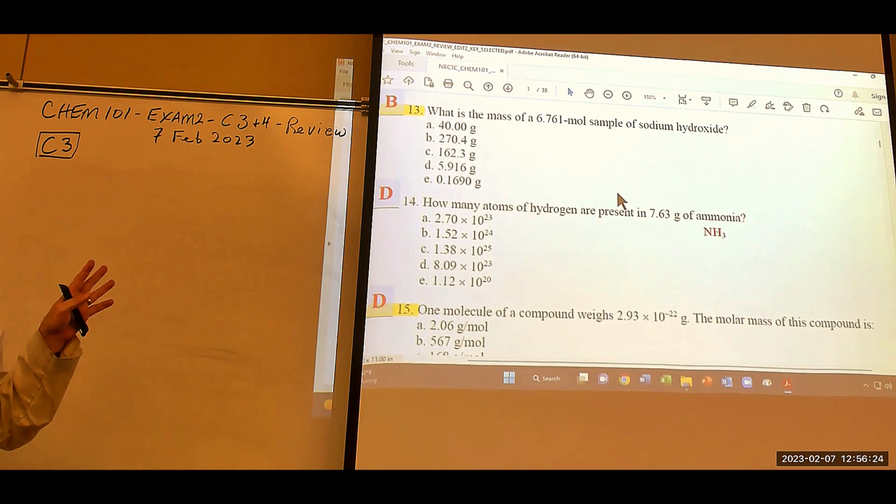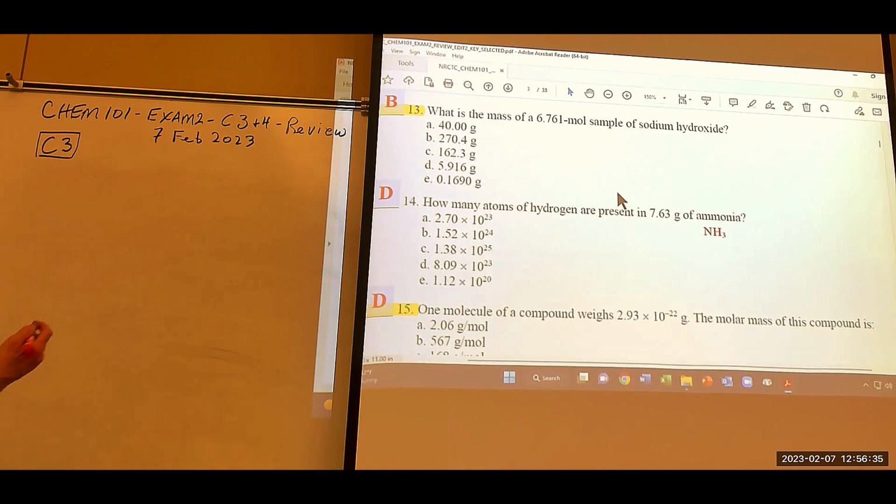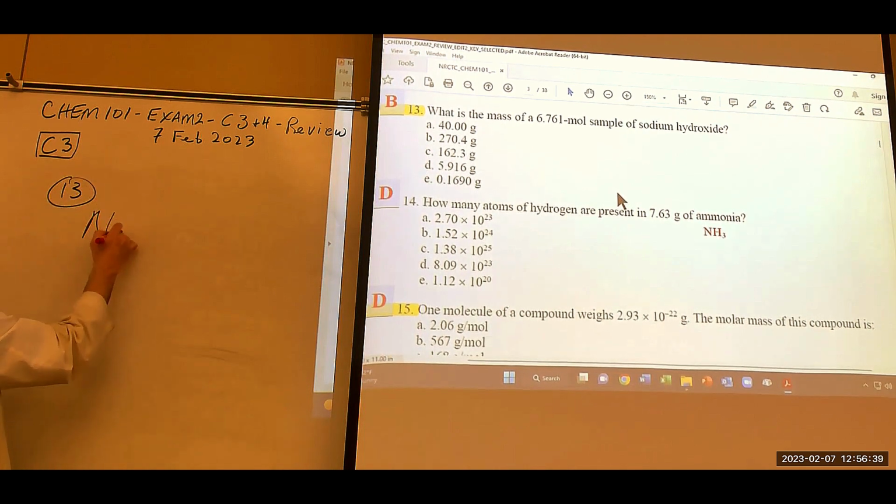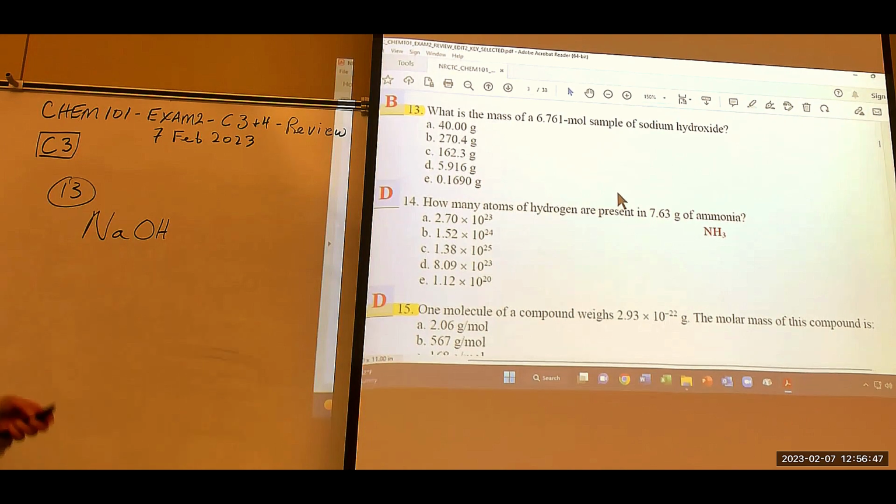You're good. Okay. What's the mass of 6.761 moles of a sample of sodium hydroxide? This is a unit conversion after you know that sodium hydroxide is NaOH, because hydroxide is a polyatomic ion. Did I skip one?